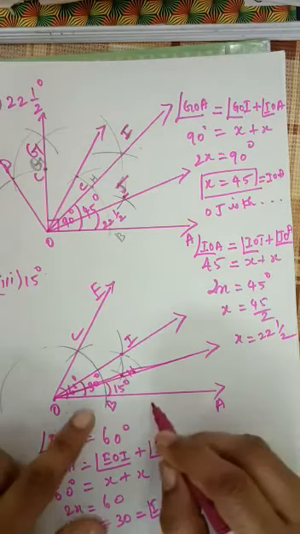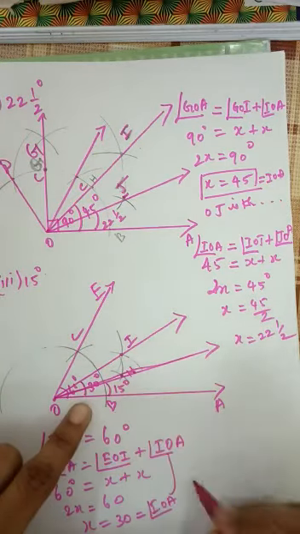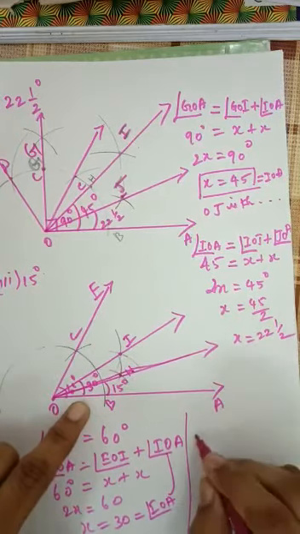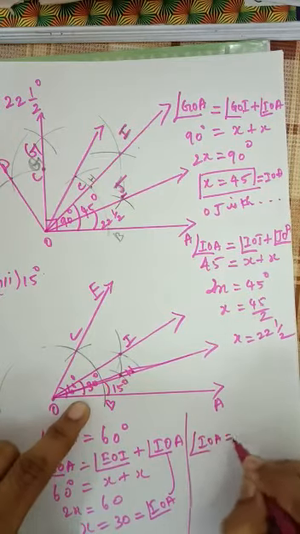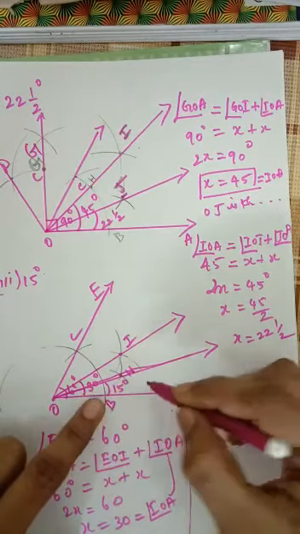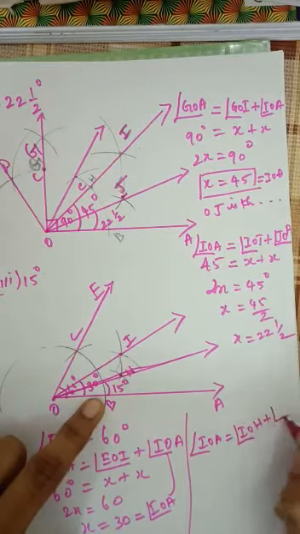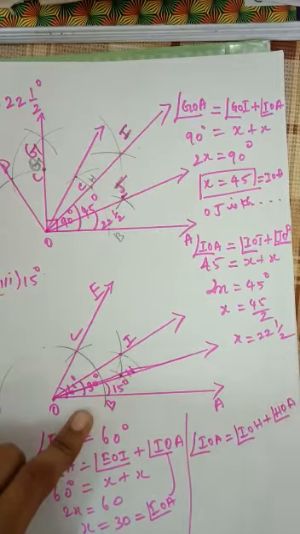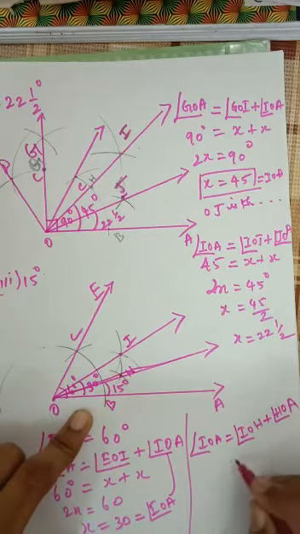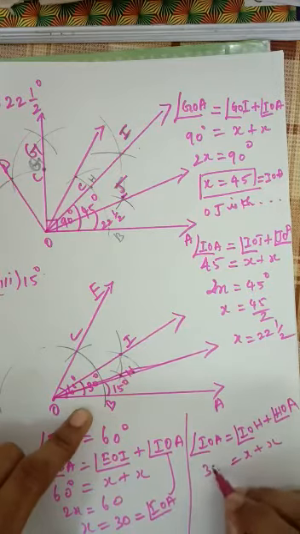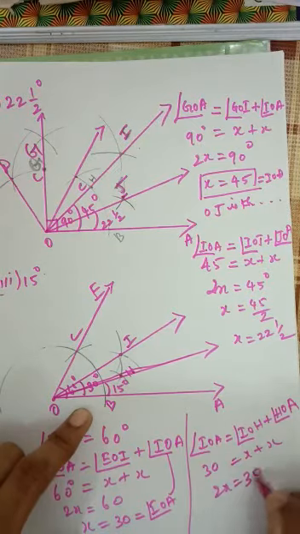Okay, now angle IOA is equal to angle IOH plus angle HOA. Both are equal because of the bisector, so x plus x. This angle is 30 degree, so 2x is equal to 30, x is equal to 30 by 2, so x is equal to 15 degree.